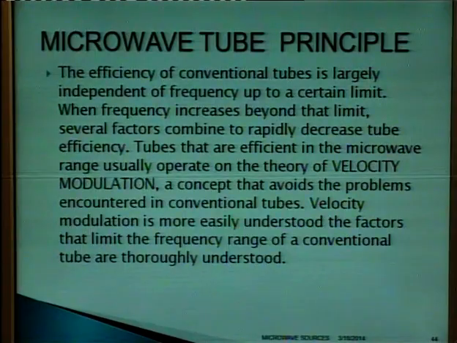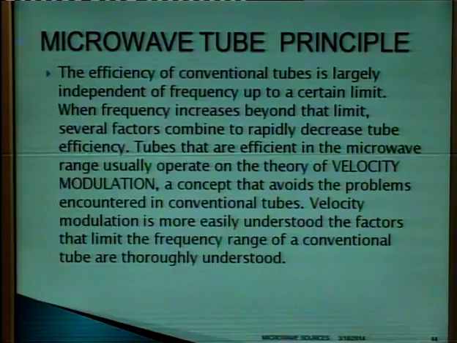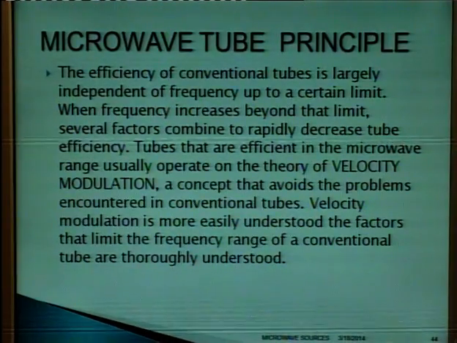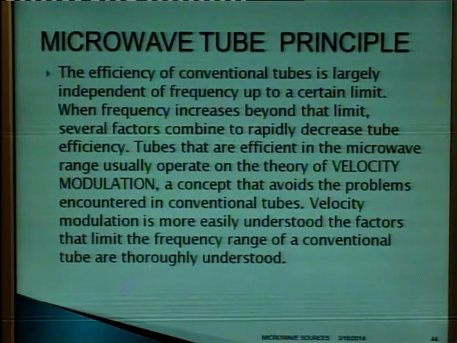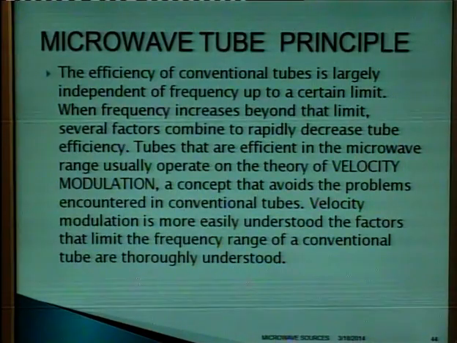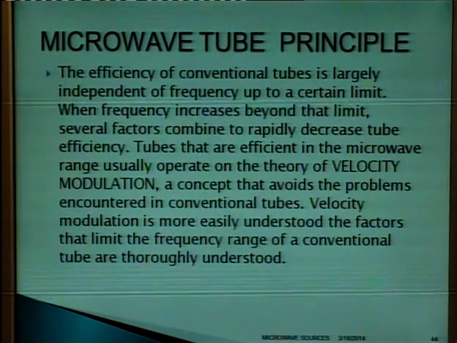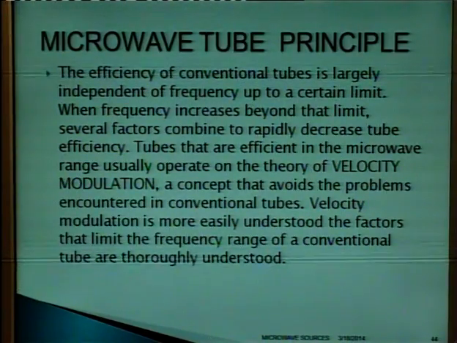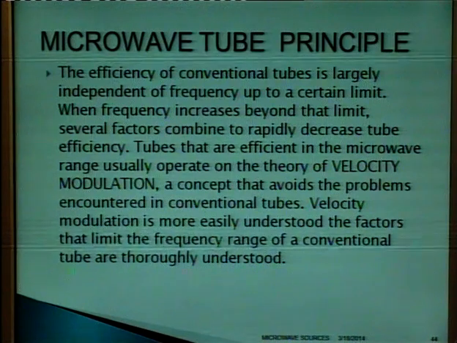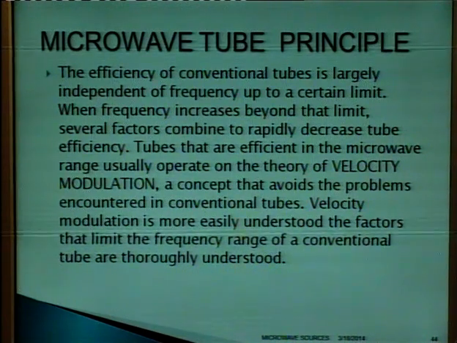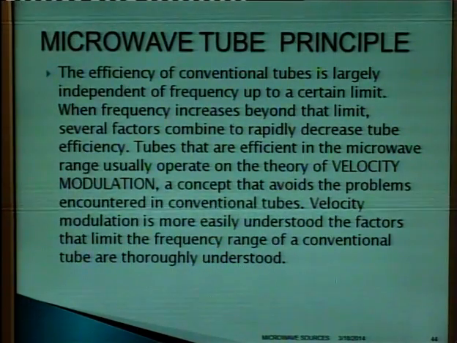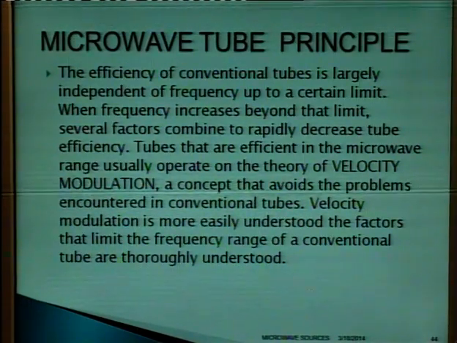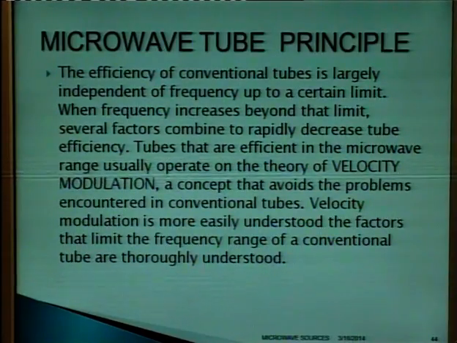As we have discussed, these factors are the inter-electrode capacitive effect, the lead inductance effect and the transit time effect. The tubes that are efficient in the microwave range usually operate on the theory of velocity modulation, a concept that avoids the problems encountered in conventional tubes. Velocity modulation is more easily understood from these factors that limit the frequency range of conventional tubes.